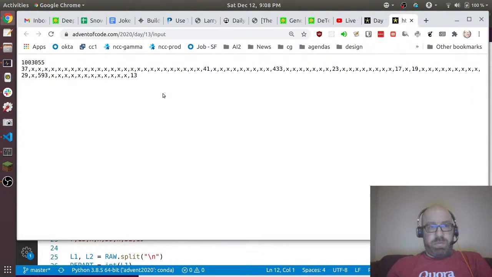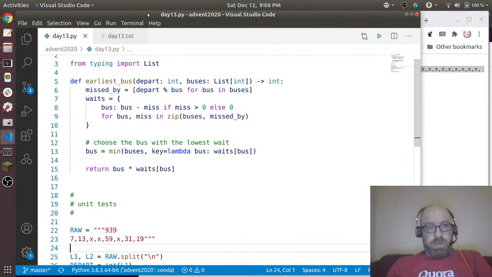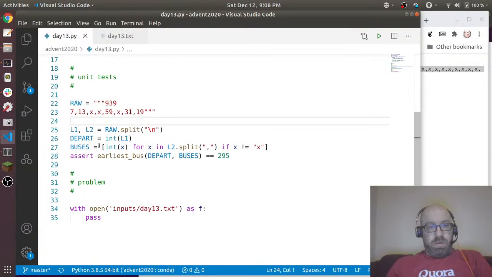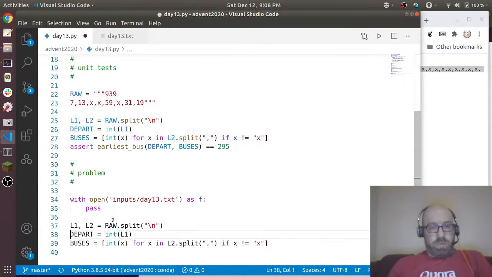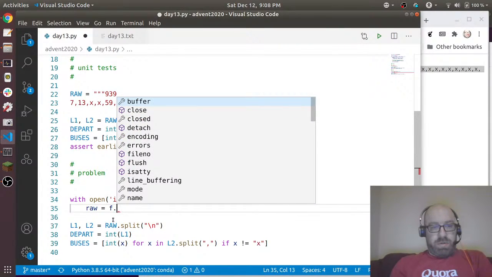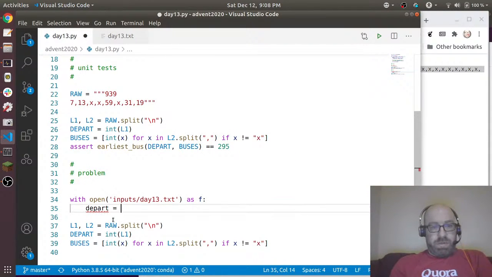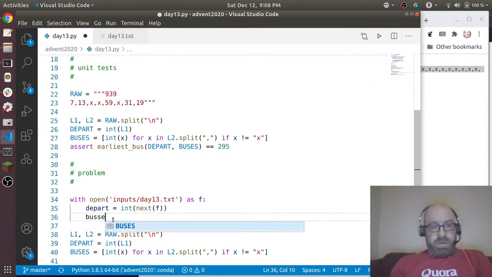Let's get my puzzle input and put it here. And now let's say raw equals, let me just do it this way. Depart equals int of next f, and buses equals, I wonder if I can use next like that.